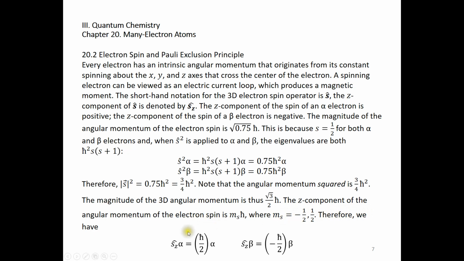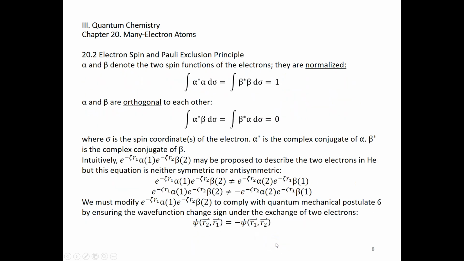And therefore, we can apply this s sub z operator to alpha and to beta. We get two different eigenvalues, positive 1/2 h bar and negative 1/2 h bar. Alpha and beta denote the two spin functions of the electrons. They are always normalized.